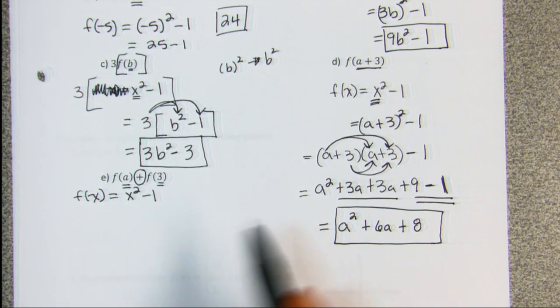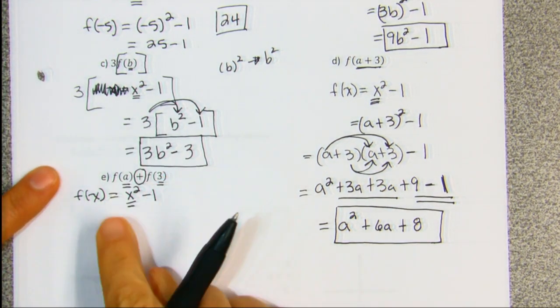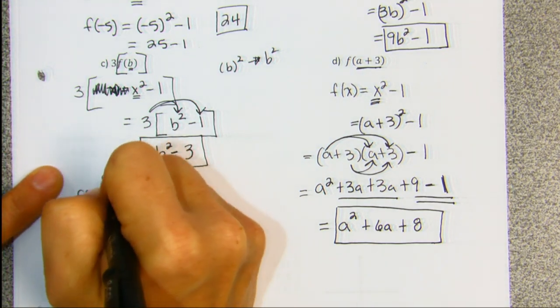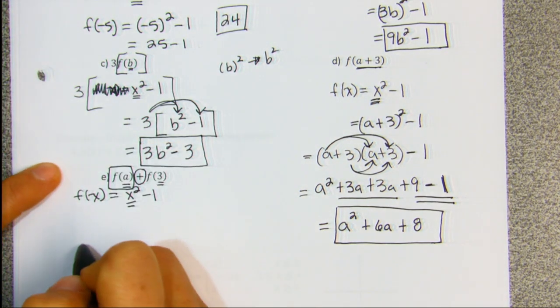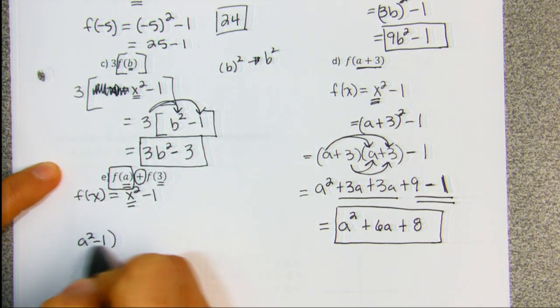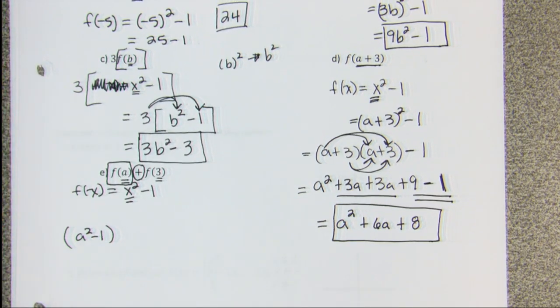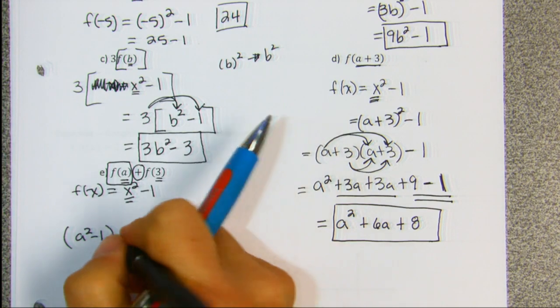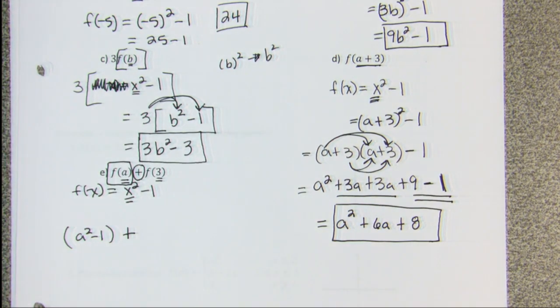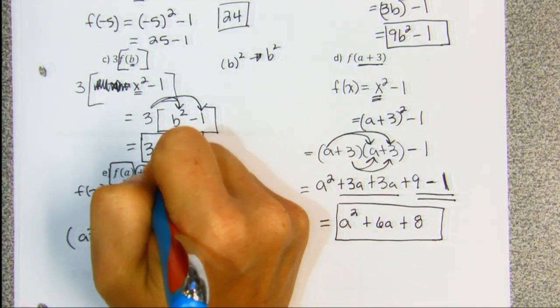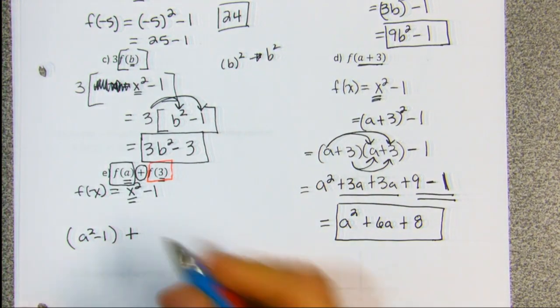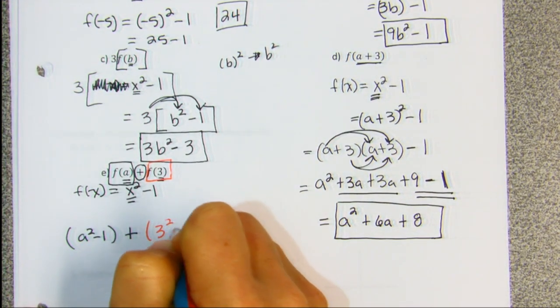So the way that would look is, remember you're still just plugging it in for x, this first one right here would look like a squared minus 1. And I'll do the other one in a different color. And then we would say plus, and this time I'm replacing my x with a 3, so 3 squared minus 1.